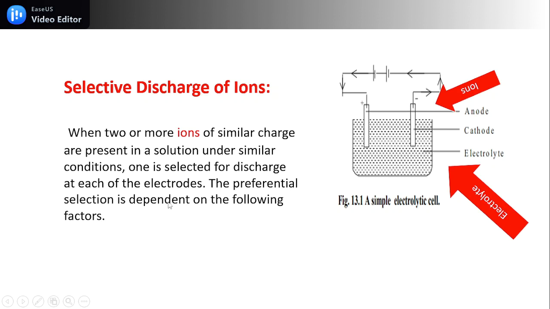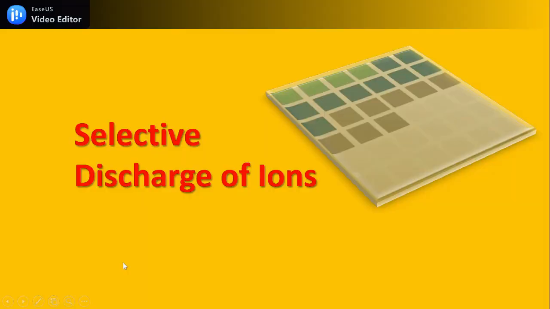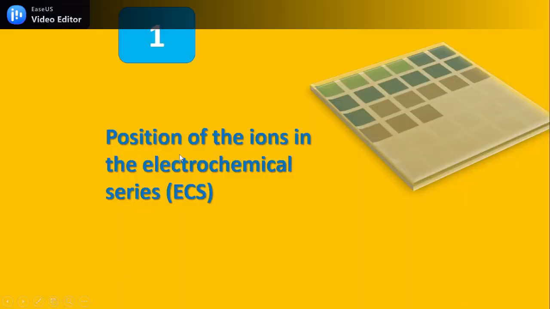The preferential selection is dependent on the following factors. So what are the factors? Firstly, the position of the ions in the electrochemical series.